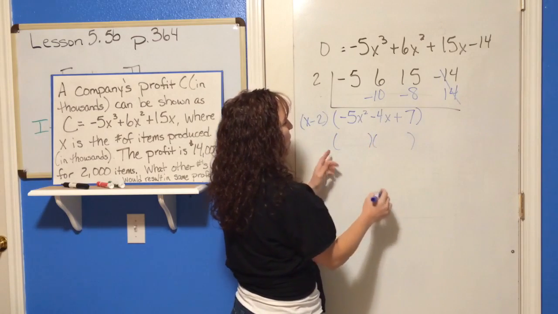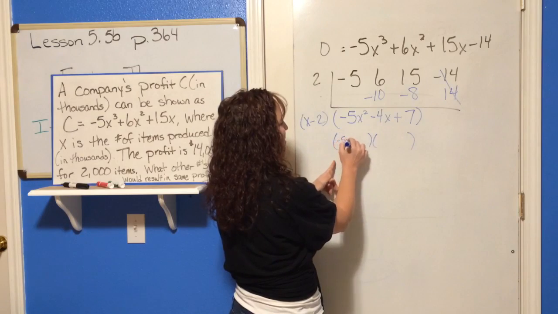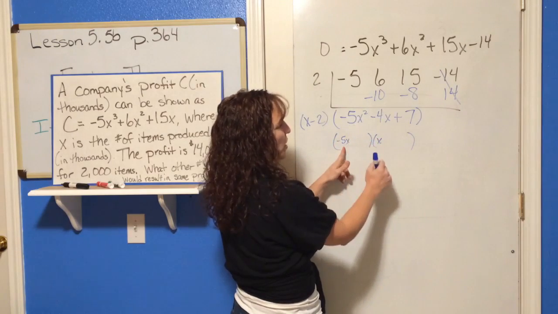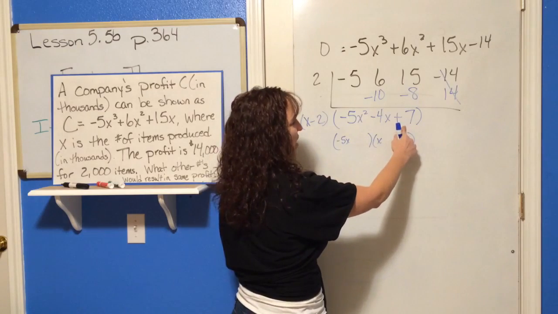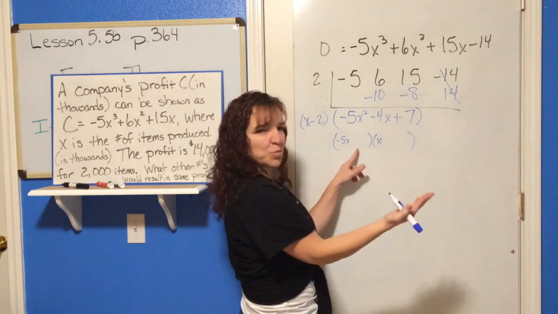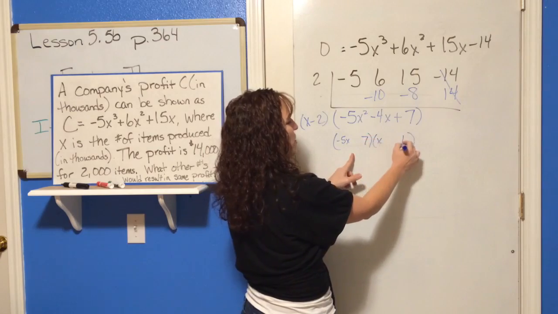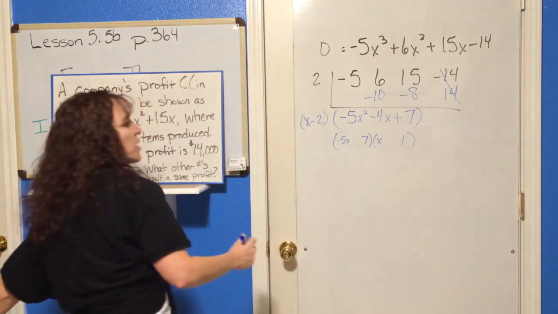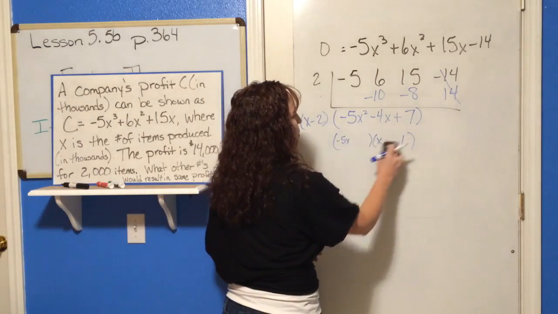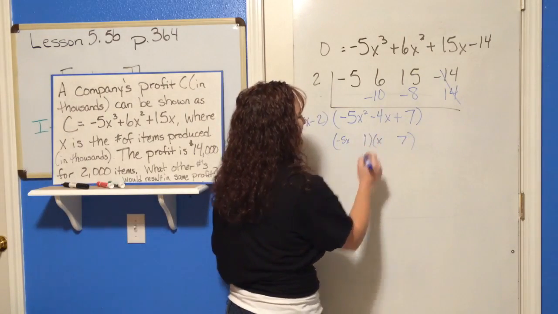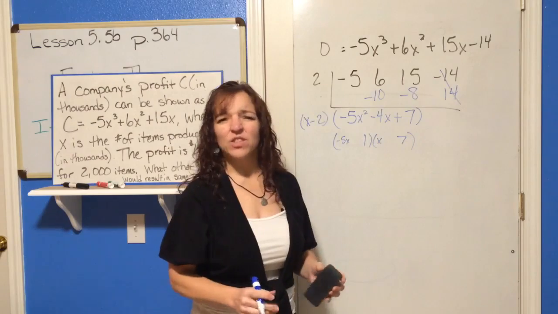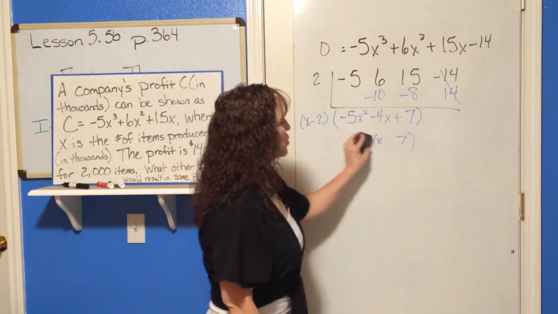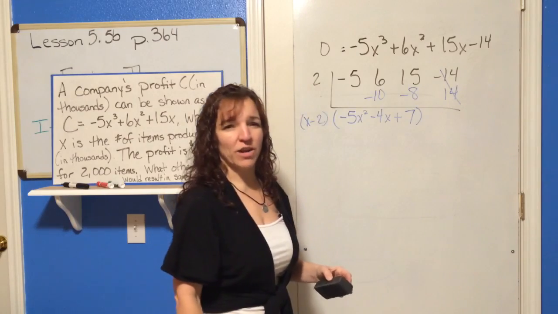So a real quick look says that -5x times x is going to be -5x squared, but 7 is prime, so we could have 7 here, but then 7 minus 5 is 2, so that won't work. But if we switch them, we'll end up multiplying the 7 and the 5, so now we got 35, so that won't work. So in this case, you're going to have to use the quadratic formula.